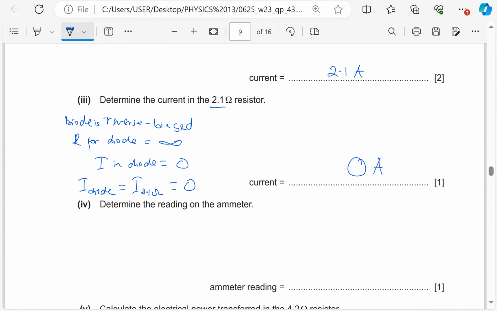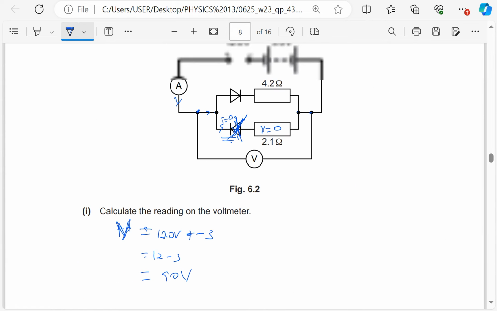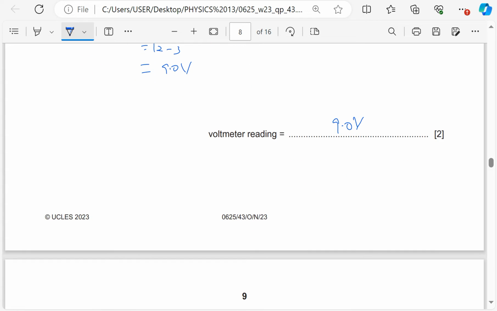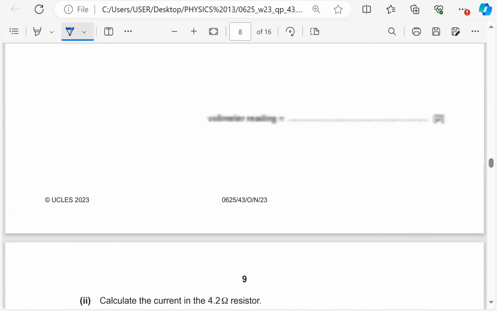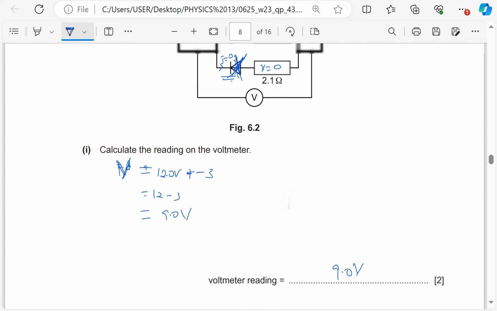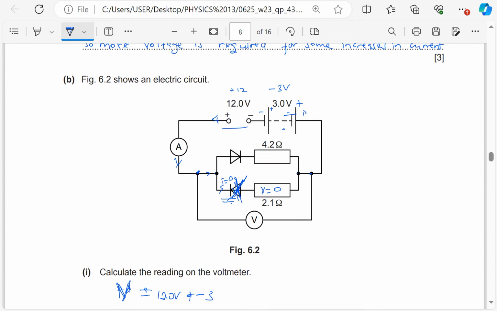Then determine the reading on the ammeter. Let's see where the ammeter has been positioned. The ammeter is here, it is reading the total current in the circuit. So we can find it: it is the same as the current through the 4.2 ohms, because this part here is out of circuit, since this diode here is not conducting.